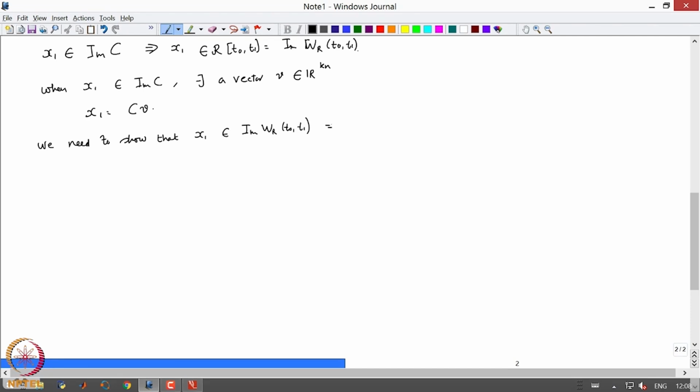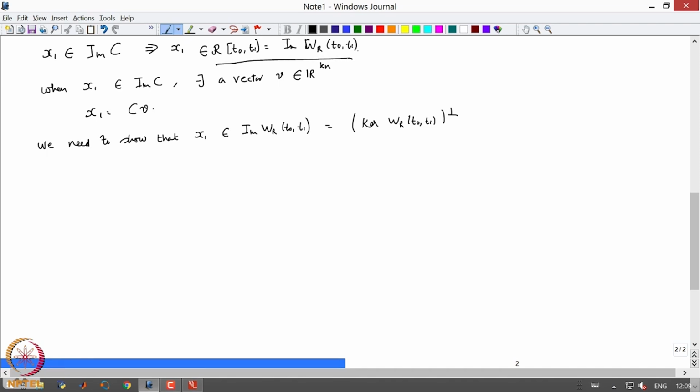Now, I know again that the image of W R is the orthogonal complement of the kernel of W R T 0 T 1. So, very similar to what we did to prove this equality, we will use exactly the same steps.